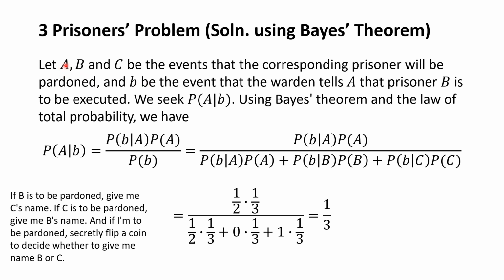And also, before this process, we assume that the governor has an equal probability of pardoning A, B, and C. We could have done the problem if the probabilities were different, if for some reason the governor liked A and there was a probability 1/2 there, but we weren't given that. So we're just going to assume that the probability of these pardons of A, B, and C is 1/3.